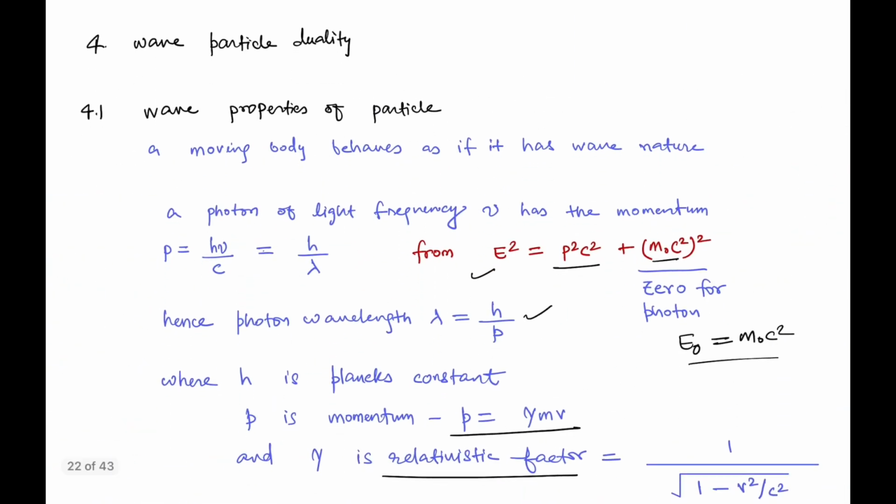And this whole formula is also known as the de Broglie hypothesis.